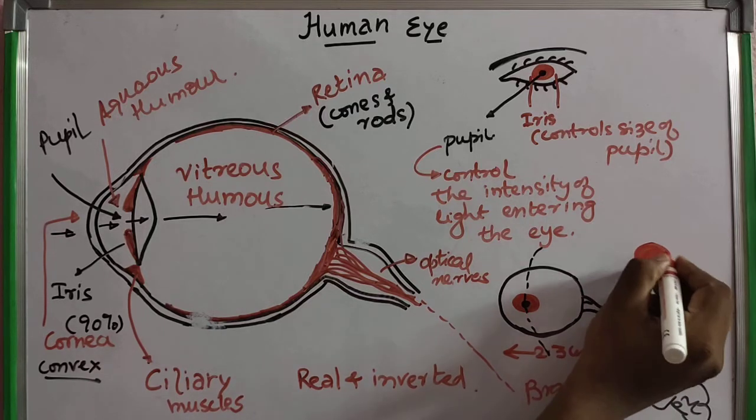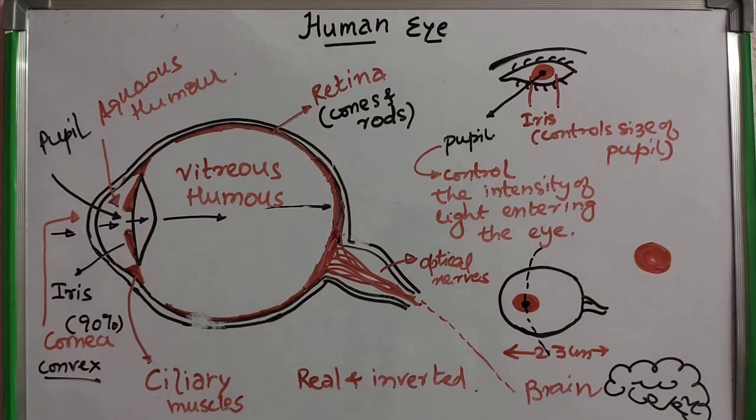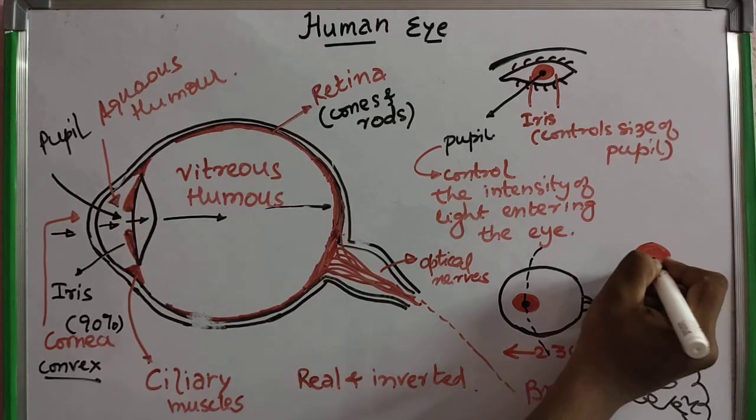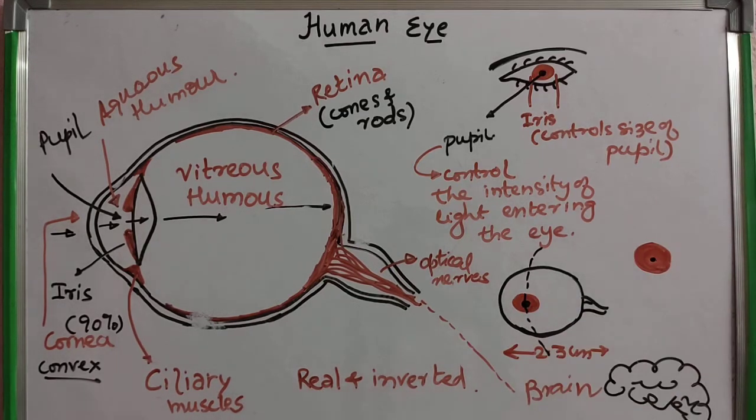The pupil will become very small, like just a small dot. So during this time, very little light enters the eye.